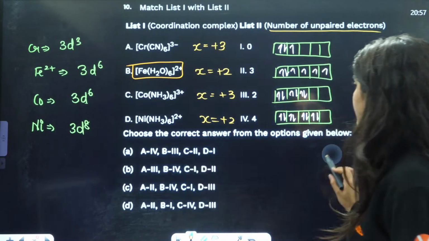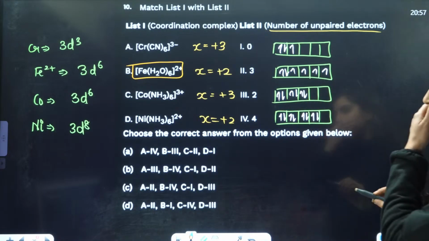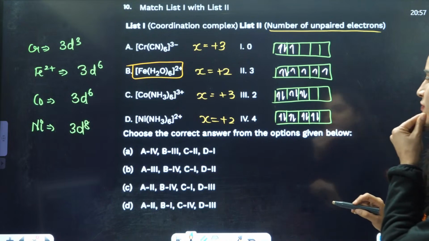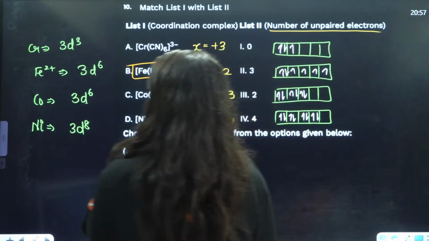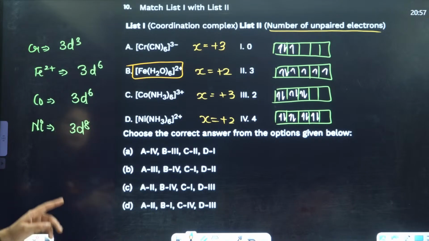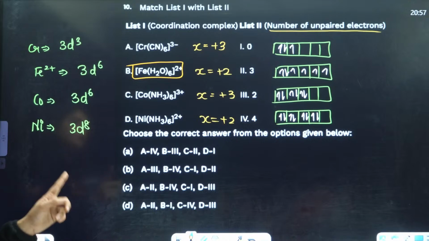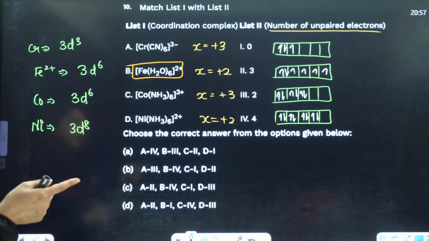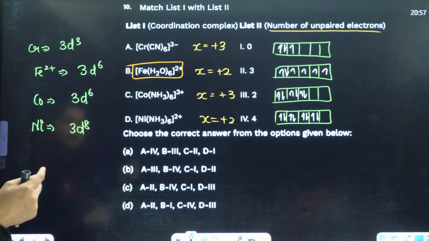Now, as you can see, the number of unpaired electrons, wait a minute.